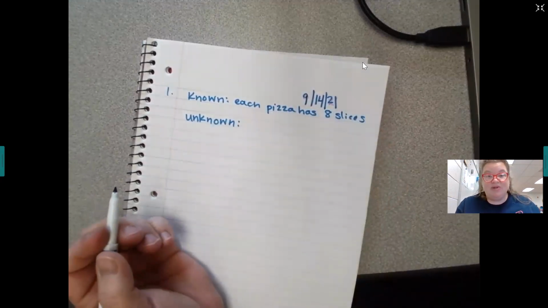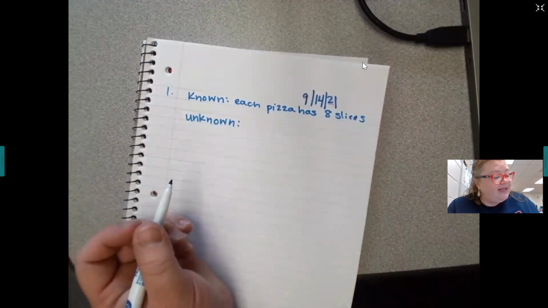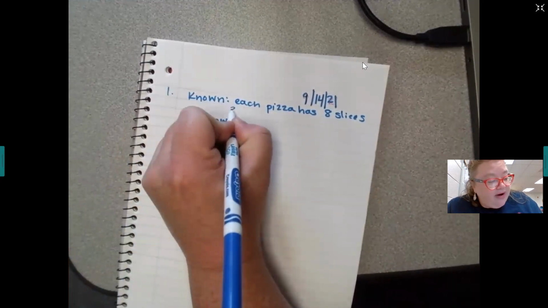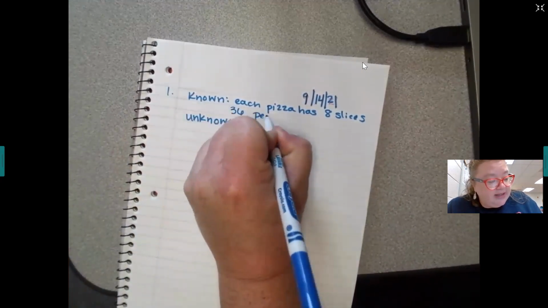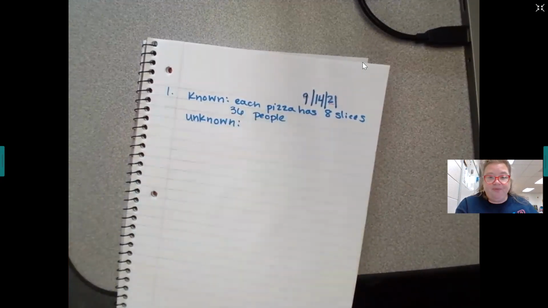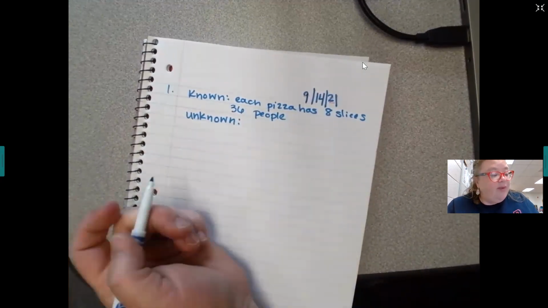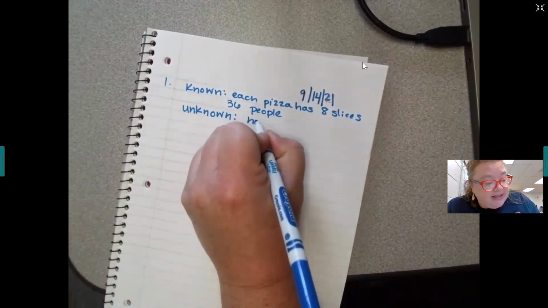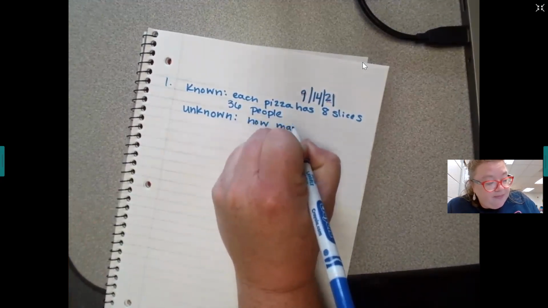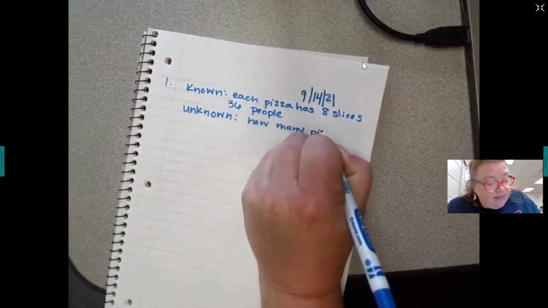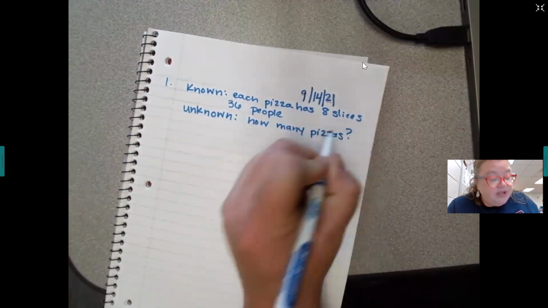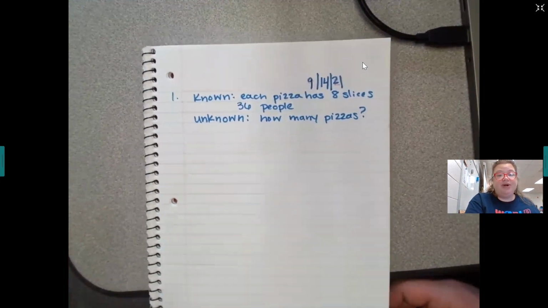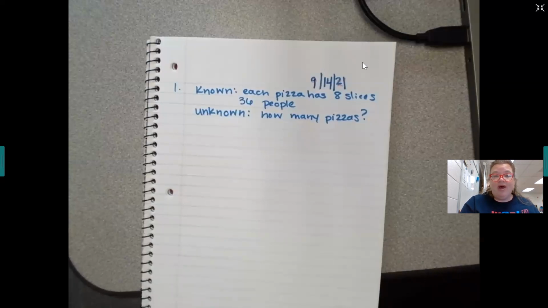Okay, that's kind of what pizzas normally look like when we order pizza. And we know that there are 36 people. Okay, the unknown, the thing we don't know, is how many pizzas do we need to order so that each person will have 1 slice.